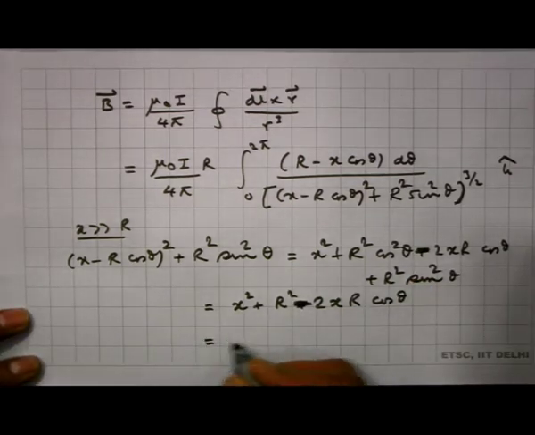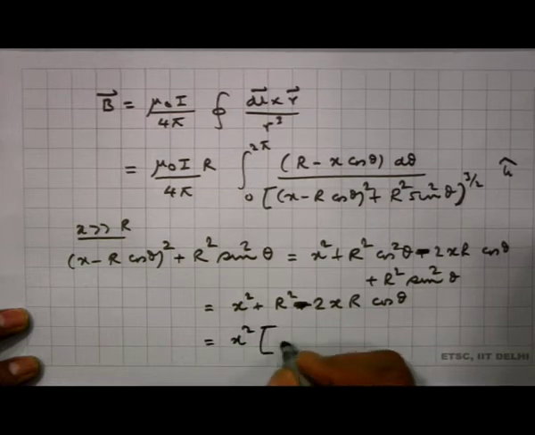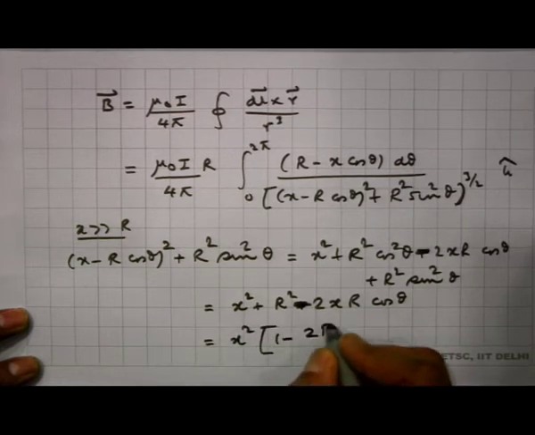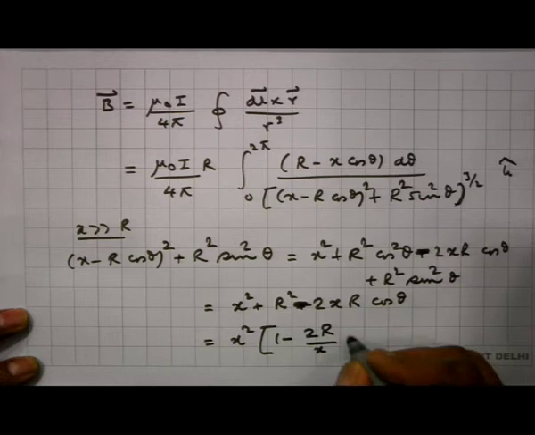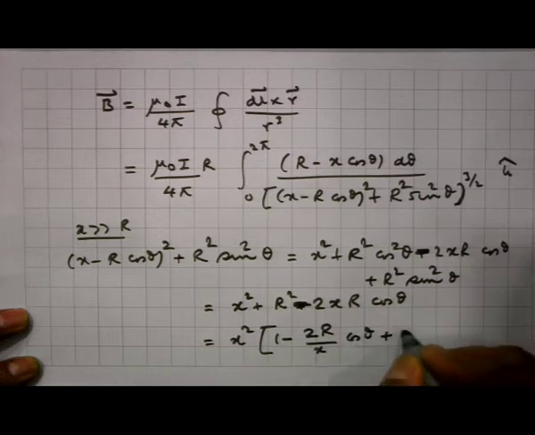So, this is equal to x square into 1 minus 2 r by x cos theta plus r square by x square.